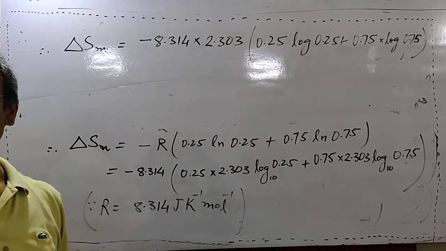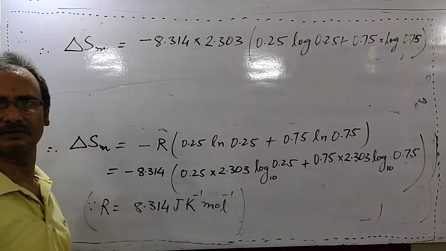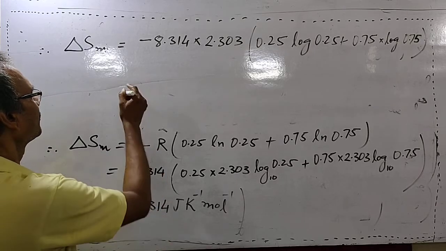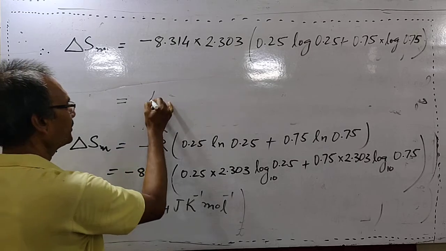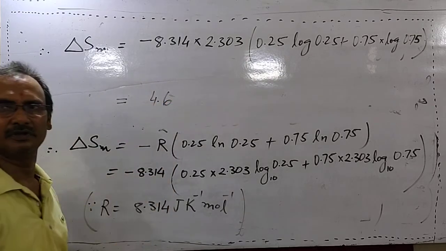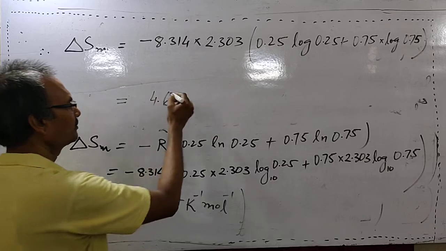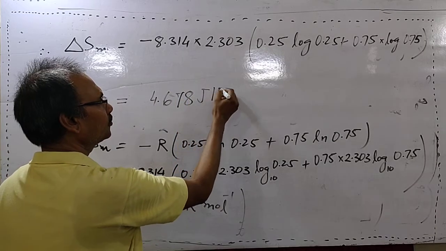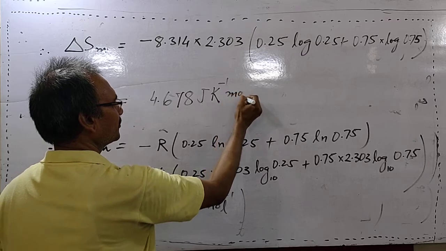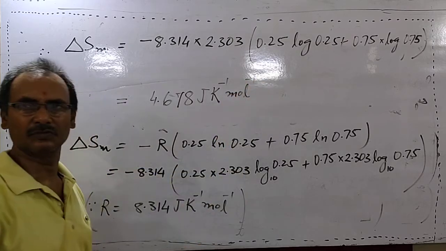This value comes after simplification to 4.678 joule per Kelvin per mole.